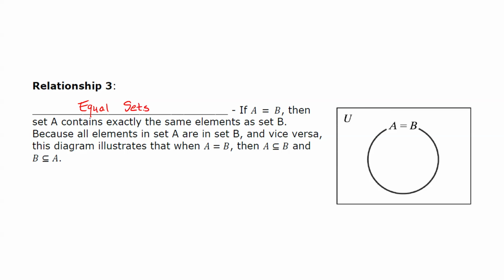So if A equals B, then set A contains exactly the same elements as set B. And because all elements in set A are in set B and vice versa, then the diagram here is going to illustrate equal sets where A equals B. Then A is a subset of B and B is a subset of A.